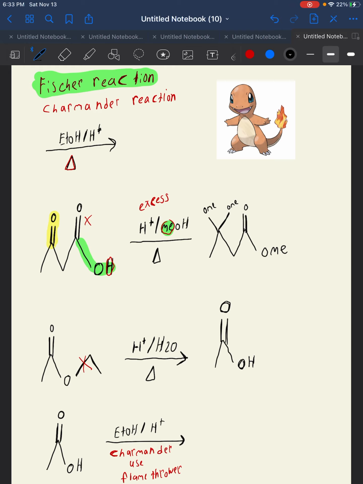Once again, we have another carboxylic acid reacting with EtOH and H+. Easiest way to remember these is replace the hydrogen with the prefix of the alcohol. And once again, these only occur with that heat. That's the difference between these and the acetal formations.